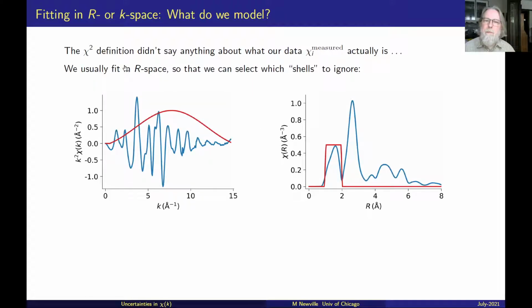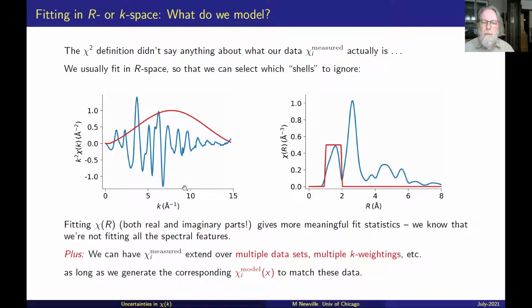The main advantage of fitting in R space, as we saw with the iron oxide data, is that we can make a band pass, a window here, and select which shells to ignore. Actually, select which frequency components to consider.